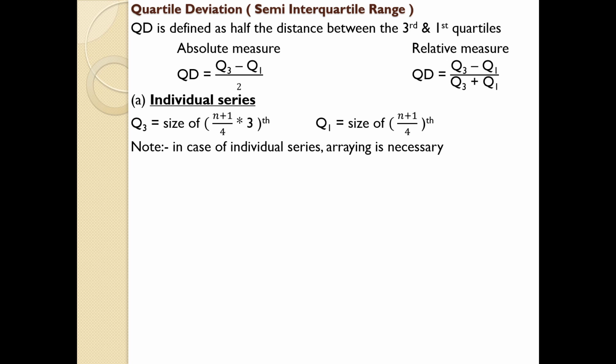Since it is arranged in ascending or descending order, the first part values and the last part values will be neglected. That is the concept of quartiles: we divide the entire series into different quartiles, and the first and the last quartiles are neglected. So the extreme values will be neglected because they are arranged in ascending or descending order. Remember, this is applicable only in the case of an individual series.